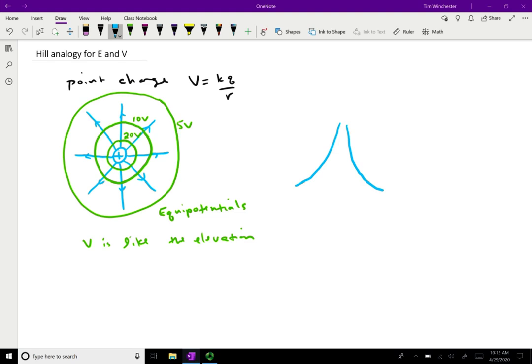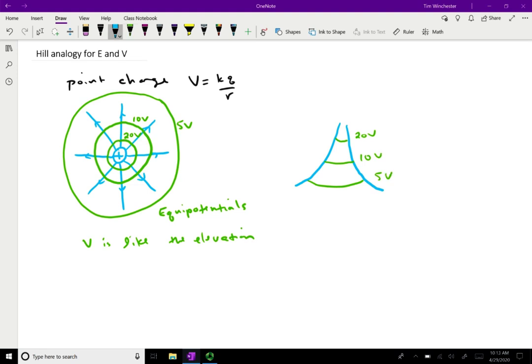The equipotentials are going to be kind of like this. We've got this three-dimensional traffic cone shape that represents the same thing. So the positive charge is in the middle, and these different heights correspond to maybe 20 volts and 10 volts and 5 volts, or what have you.